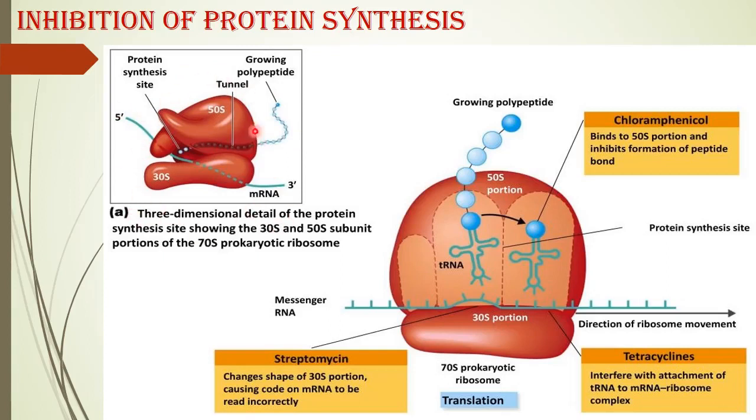The bacterial ribosome is the 70S, and the 70S is divided into 30S as well as 50S. If it is human, then 60-40, total 100. But as I am speaking about bacteria, the smaller unit is 30S, the bigger unit is 50S. Altogether it is called the 70S.